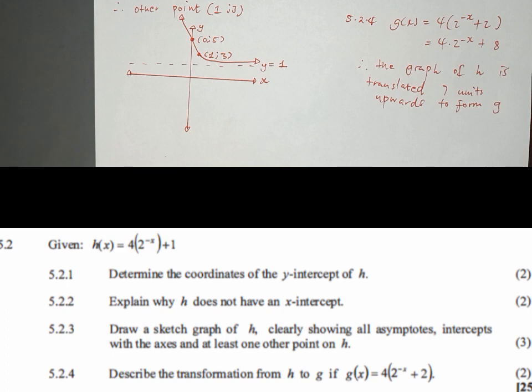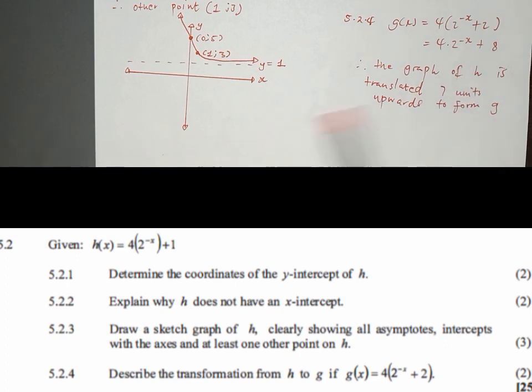So you cannot say 4 times 2 to the power negative x is 8 to the power negative x. No, it's 4 times 2 to the power negative x. You cannot change that to 8, but what you can change is this single number there. So 4 times 2 is 8, therefore the graph of h is translated 7 units upwards to form g.